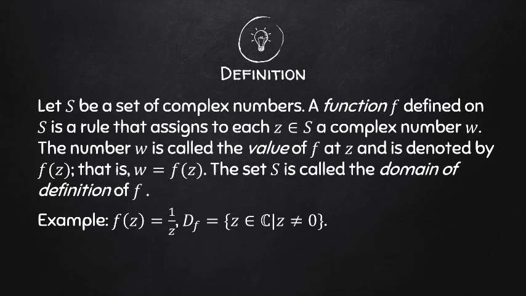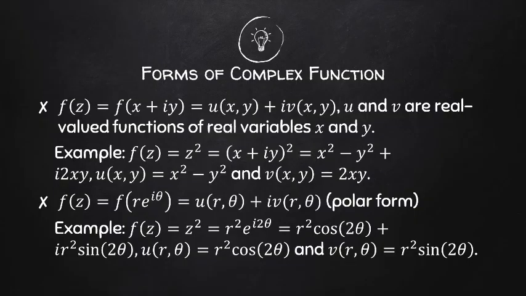The example is f(z) equals 1 over z, with the domain of f equal to z in the complex numbers, and z is not equal to 0. There are two forms of complex function. The first form is f(z) equals f(x plus iy) equals u(x, y) plus i v(x, y), where u and v are real-valued functions of real variables x and y.